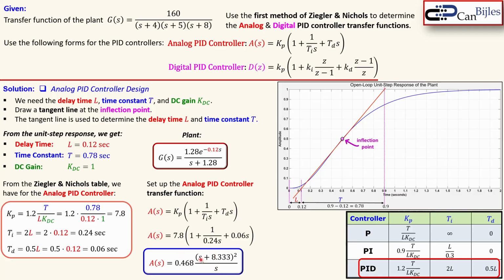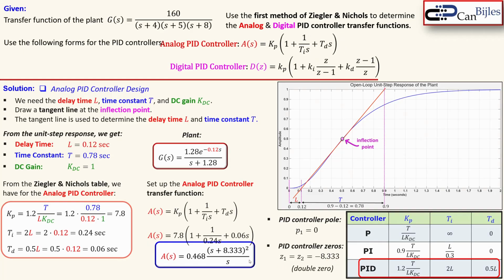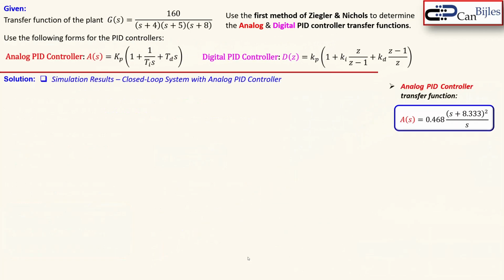And also we have a double zero at approximately minus 8.333. So a pole at the origin, you see that, and there's a double zero at minus 8.333. All right. Now we have determined our analog PID controller.